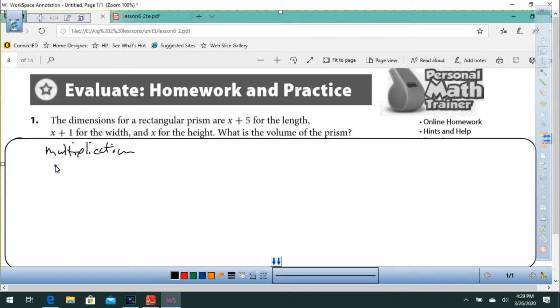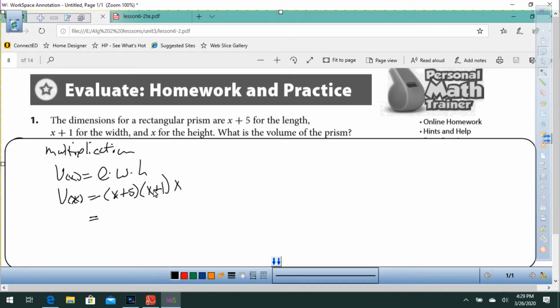So the volume is the length times the width times the height. Up here it said the volume is going to be the length, which is x plus 5, times the width, which is x plus 1, times x. Okay, so let's try that.